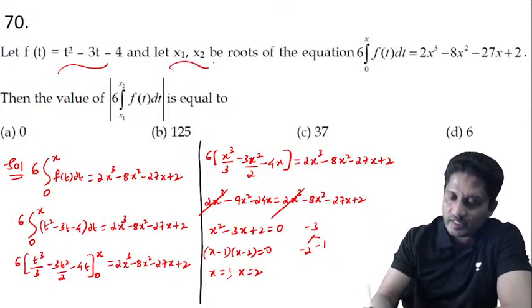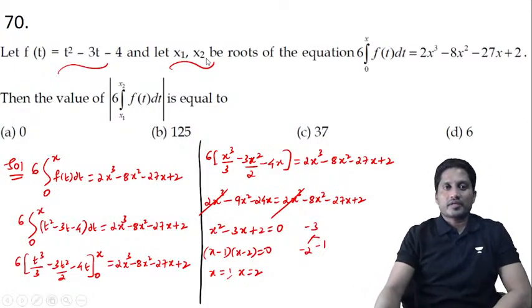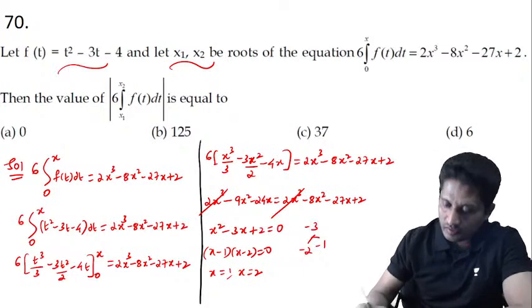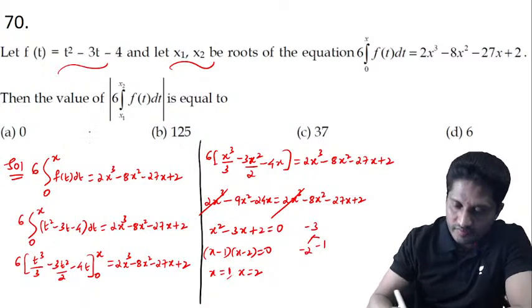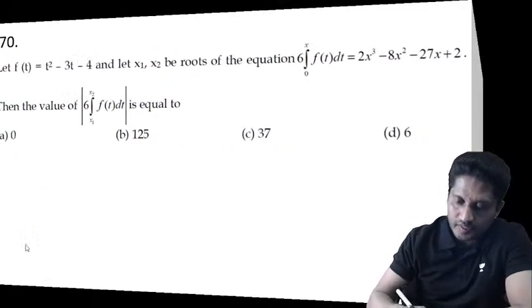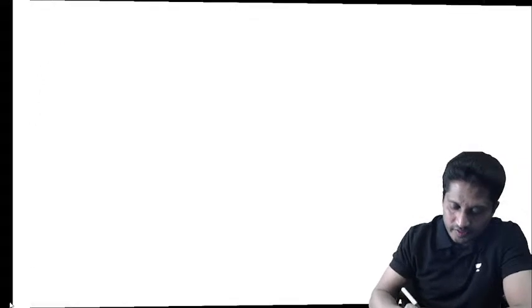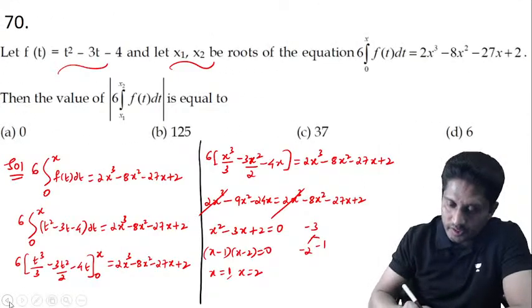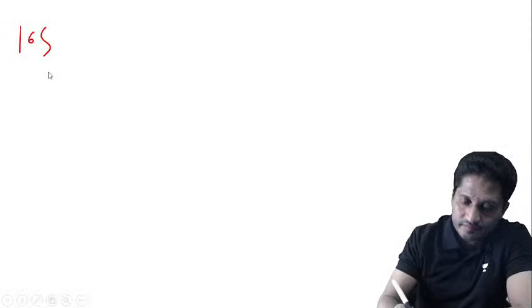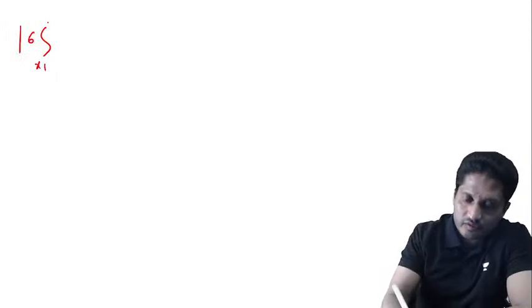It is given in the question x1 and x2 are the roots of the equation. So roots are 1 and 2. Now if I substitute in the function, I am supposed to find 6 times the integration of x1 to x2 of f of t dt.